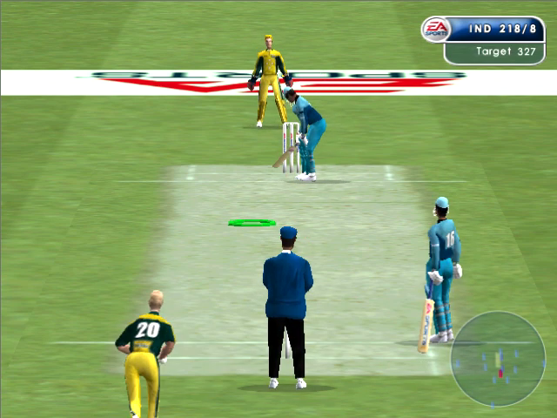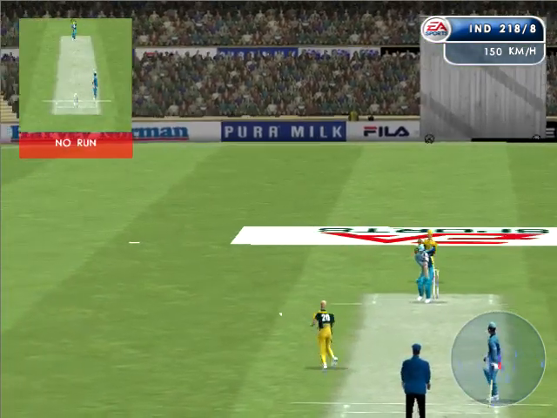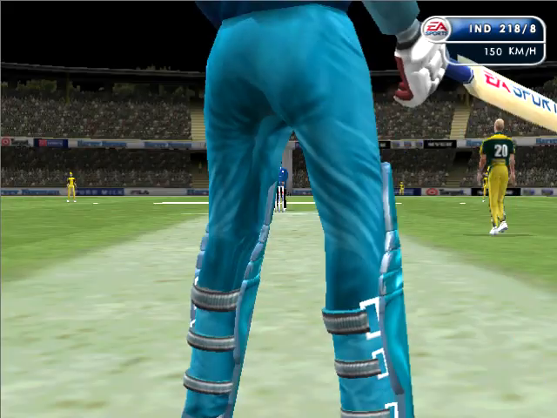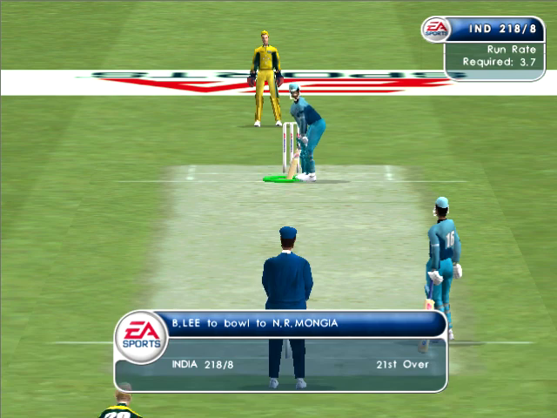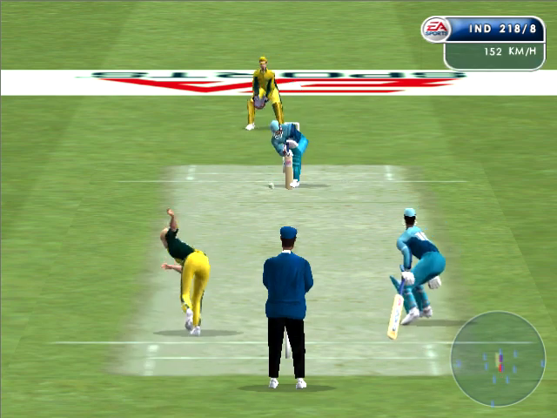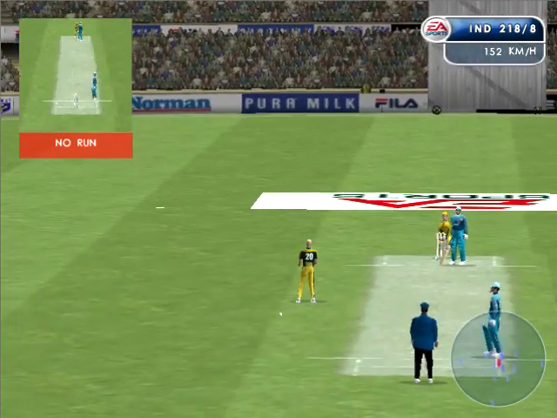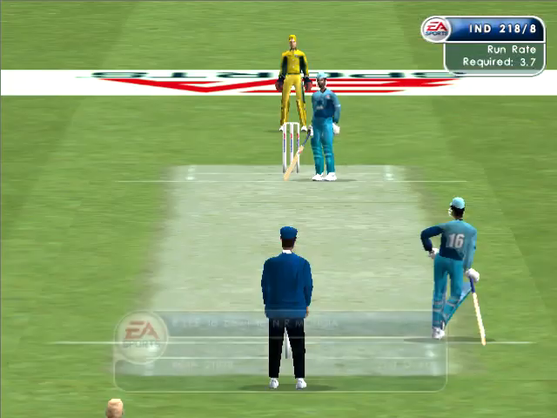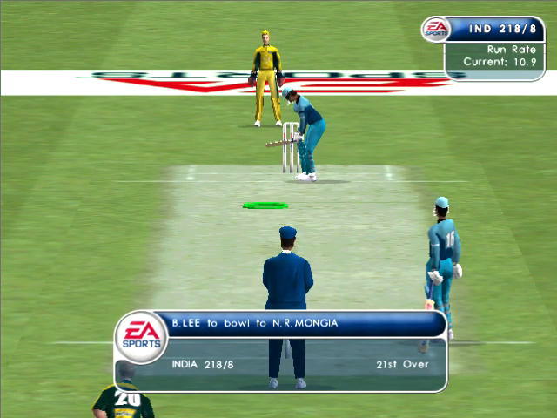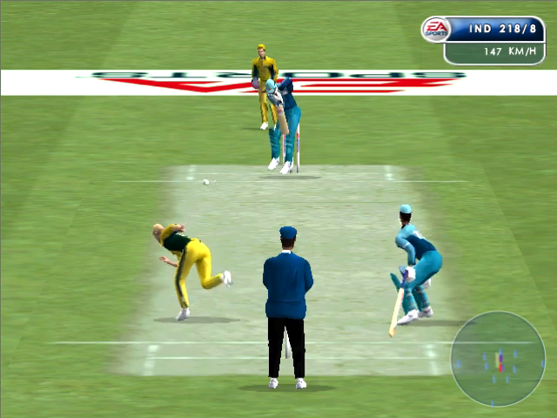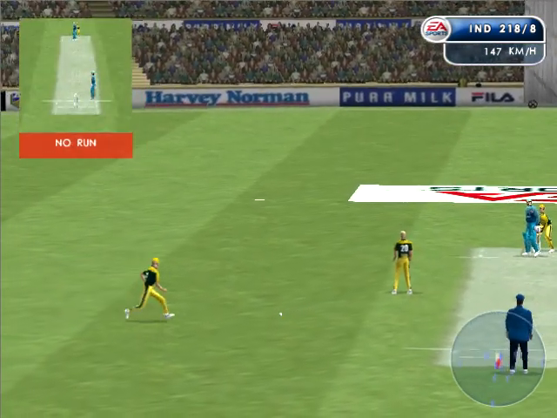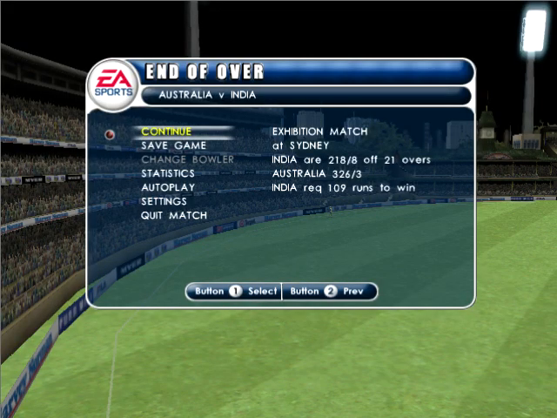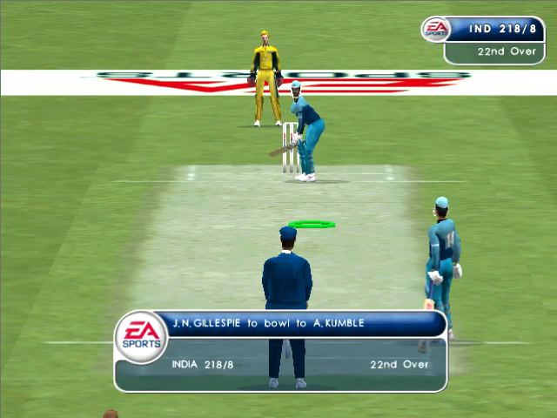Mongia waiting at the striker's end. 29 overs are left for India.